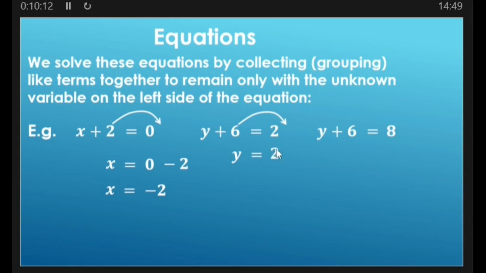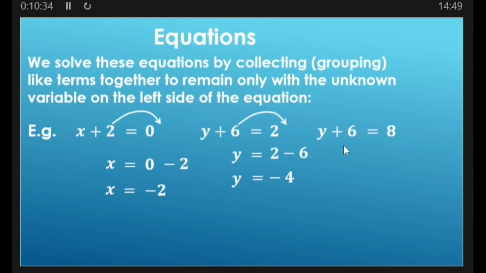The moment 6 crosses it becomes negative 6, then we say y is equal to 2 minus 6, which will give us negative 4. All right, so check the answers here are the same with what I showed you previously.